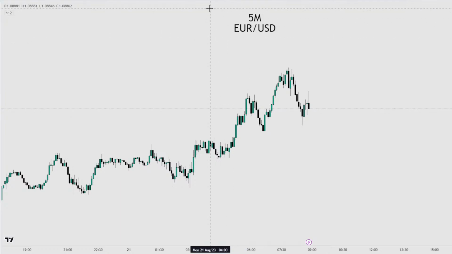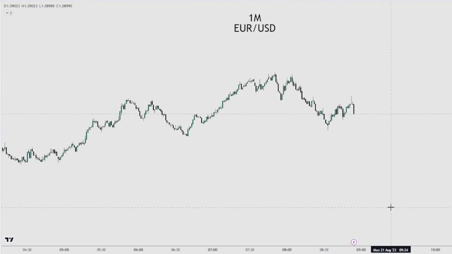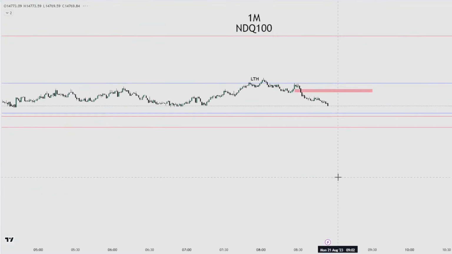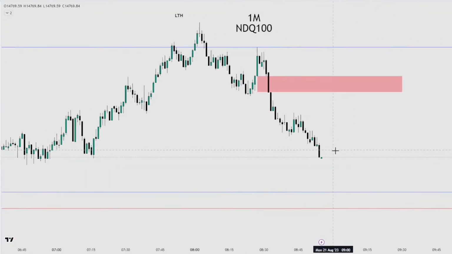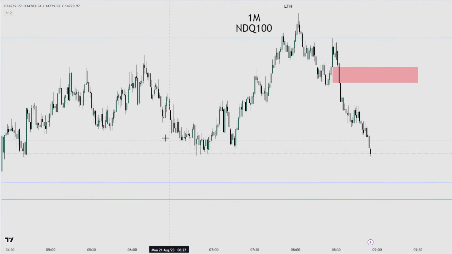If you look at the weekly for EURUSD, on last week's candle we didn't tag the weekly fair value gap, but we came close to it. This week we could see a nice pullback into the weekly fair value gap, and then we could close it.